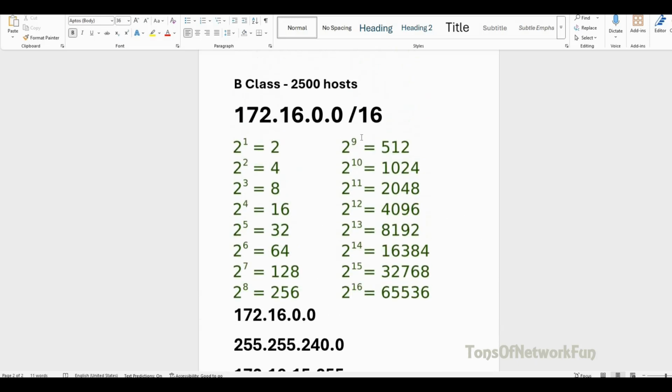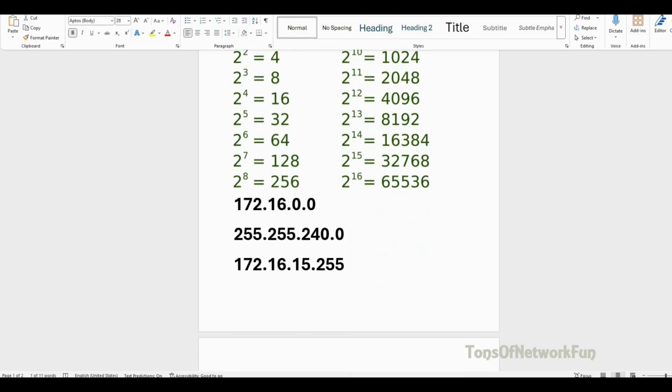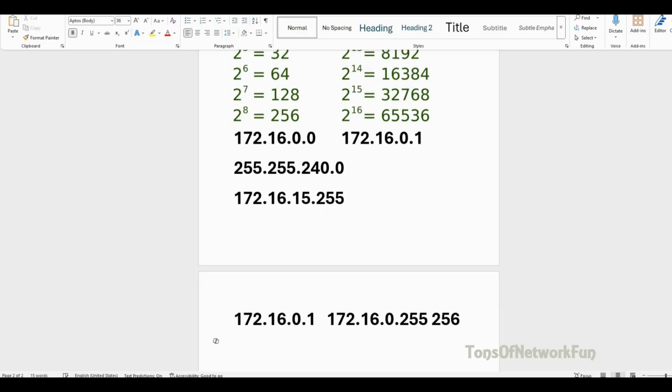But we only need 2500 hosts. So this entire block starts from 172.16.0.1 and the first range ends at 172.16.0.255. This is 256 addresses. Then we have to start at 172.16.1.0 because 0.255 is done. We cannot go beyond 255, so we have to move on to the next.